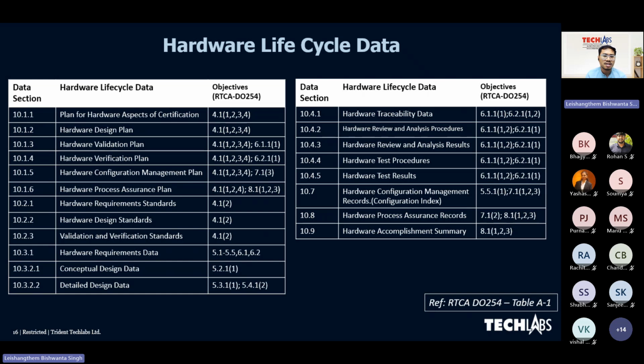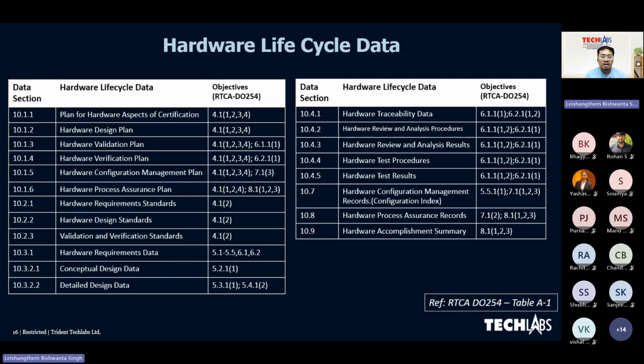You can see from this table itself, I have given the section in accordance with the RTCA DO-254 document in the first column on the left side. Then you have the hardware lifecycle data in the second column, and the third one is the section where the objectives of each of these lifecycle data have been defined. I will just briefly read them out. Plan for hardware aspect of certification or PHAC, the hardware design plan, hardware verification plan, validation plan, configuration management plan, process assurance plan, requirement standards, design standards, verification standards.